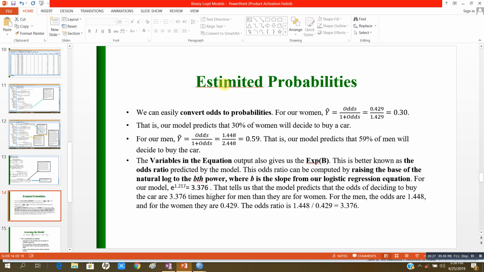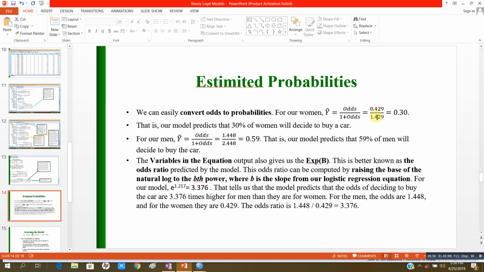For our women, y hat, that is the predicted probability that the event will occur, is equal to odds divided by 1 plus odds. The odds for women was 0.429, so the denominator will be 1.429, because it is equal to 1 plus odds. If you simplify this, that is equal to 0.30.